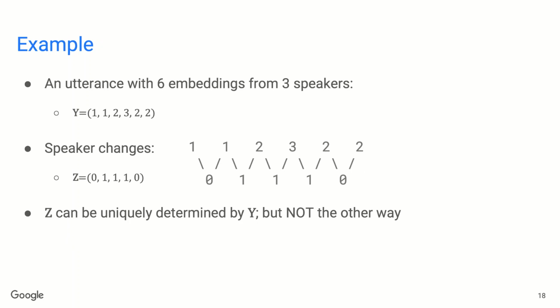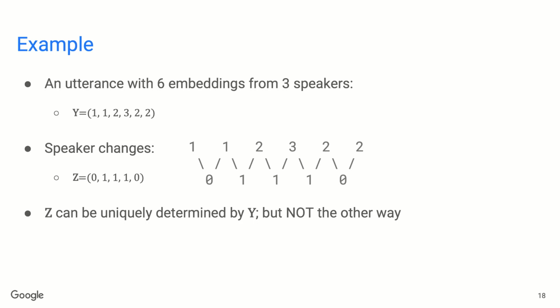Let's see an example. If an utterance has 6 embeddings, then it also has 6 labels, which is our Y here. Given Y, we can infer Z. The first element in Z is 0 because the first 2 elements in Y are the same. The next Z is 1 because the next Y changed.